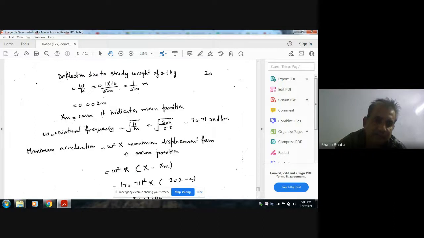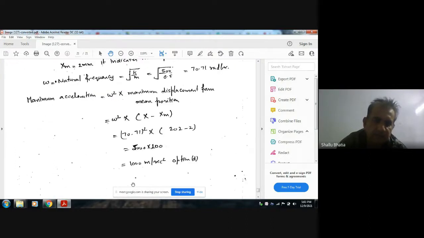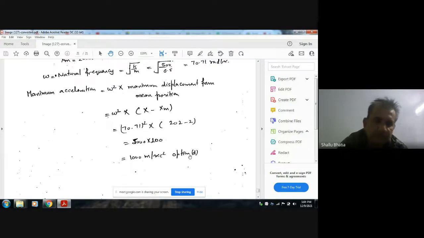Now we know that the acceleration is omega squared into the displacement of the spring-mass system from the mean position. The difference between the maximum position and the mean position is x minus x m. So omega is 70.7, squared. Putting this in, we get 1000 meters per second squared. Option D. Thank you.